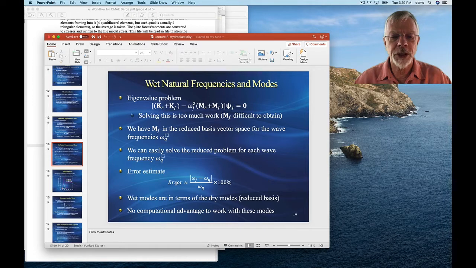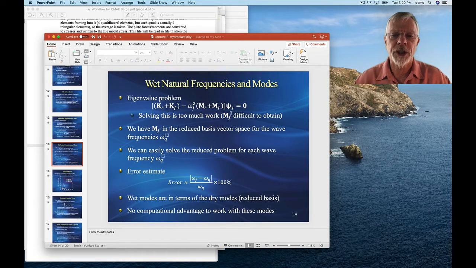And then we look at this error equation down here where we say, okay, for each of those, for a given omega q, the wave frequency, we look at this difference here between the calculated natural frequencies and the wave frequency, and if that's within some tolerance, we're going to say, okay, that's a pretty good estimate of a wet natural frequency.